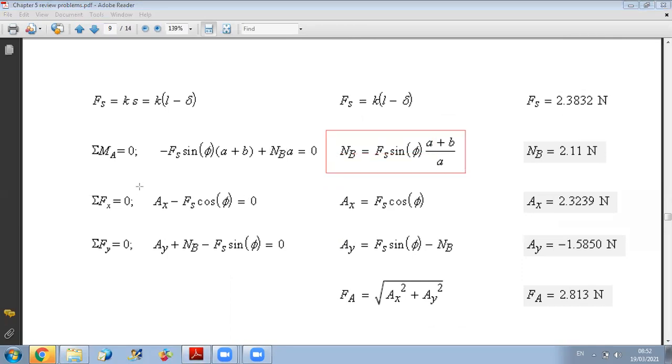Then writing the sum of forces along x equals 0, we get the value of Ax. And writing the sum of y equals 0, we get the value of Ay. If you want the magnitude of the reaction at the pin, all you have to do is take the radical of Ax squared plus Ay squared. Any question on this?